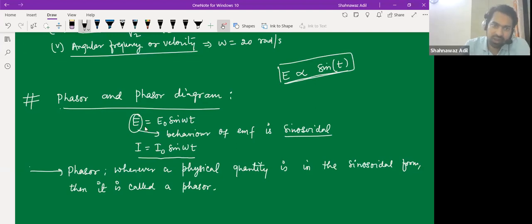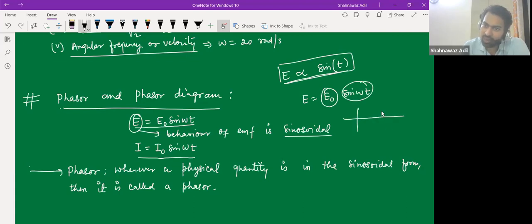In the case of this EMF, E naught is a constant and it is varying like sine omega t. So the graph of this function is this one, behaving in a sinusoidal form.